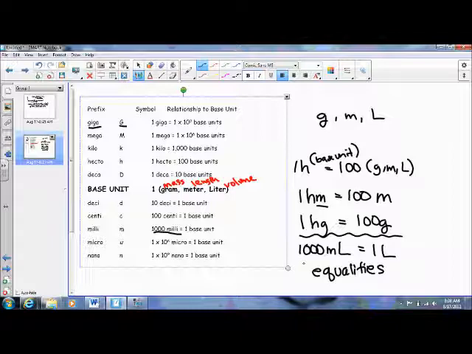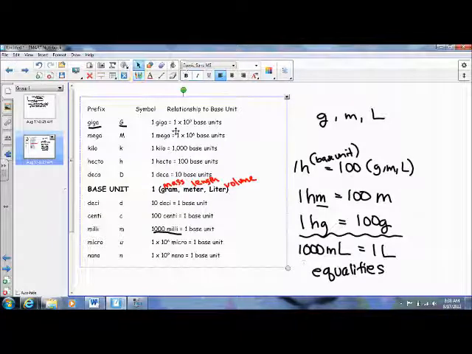The number changes because we're changing the units. Since metric is a base 10 system, the measurement is going to be some factor of 10 larger or some factor of 10 smaller. The equalities are what allow us to do that.